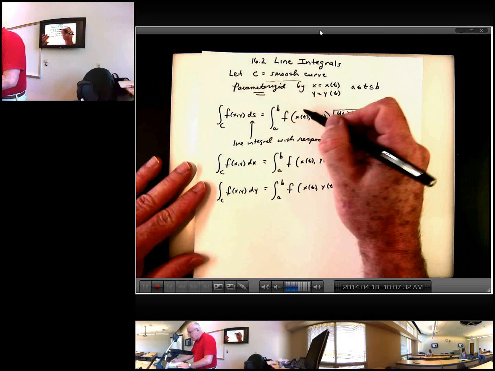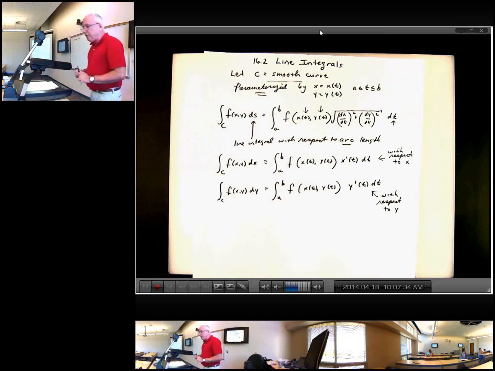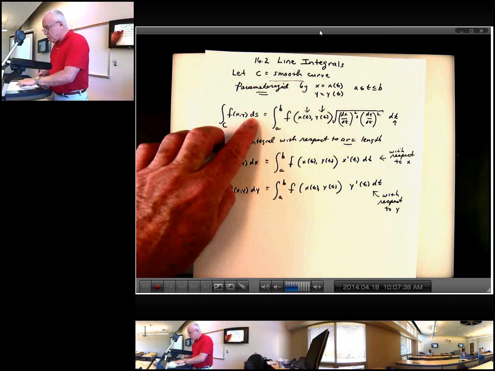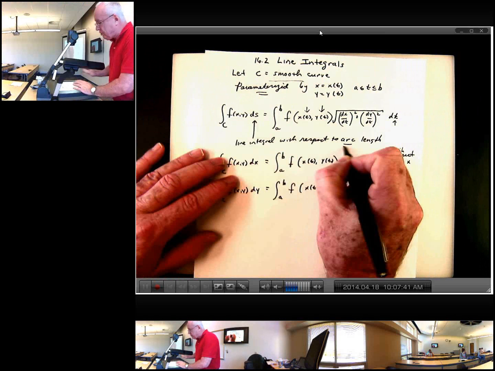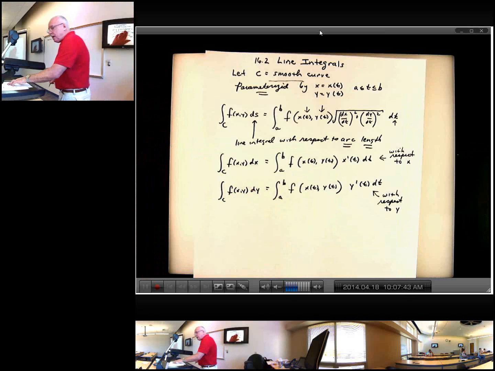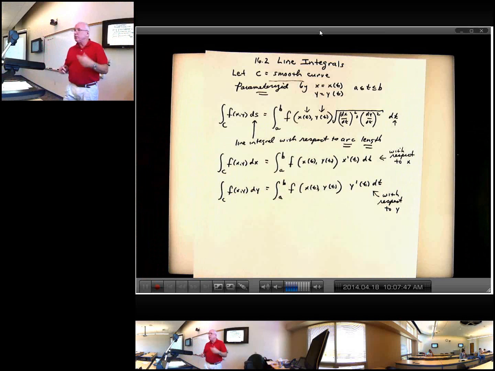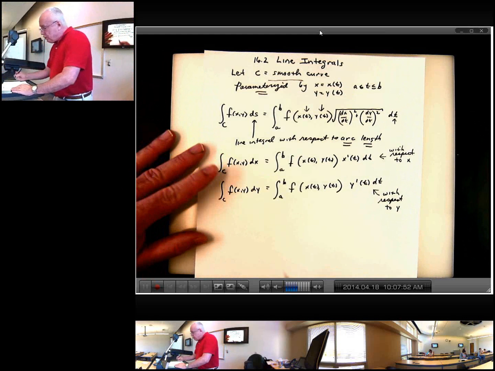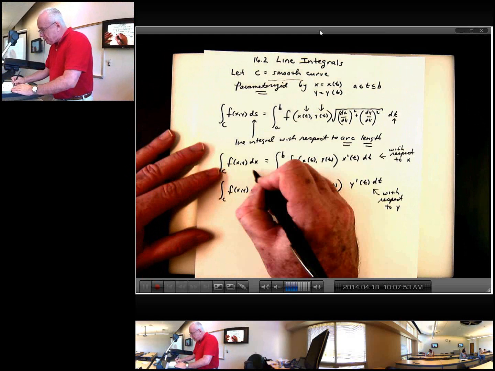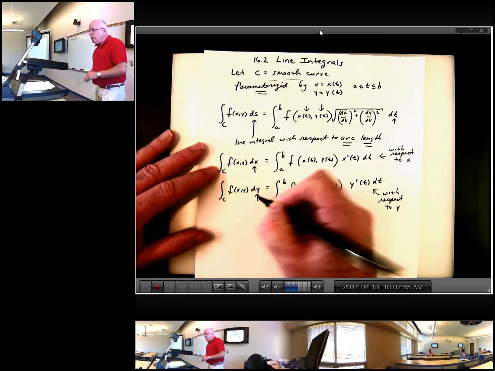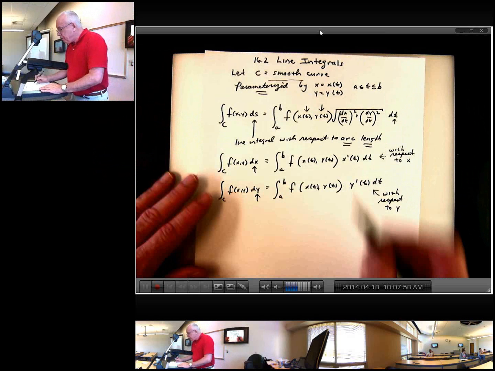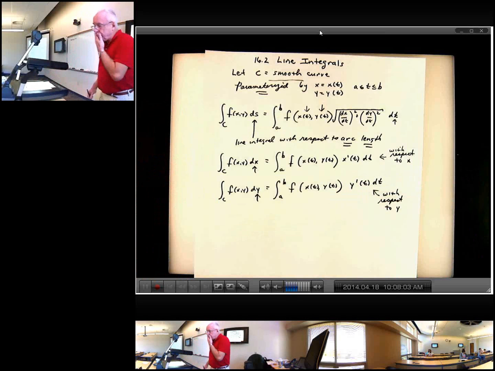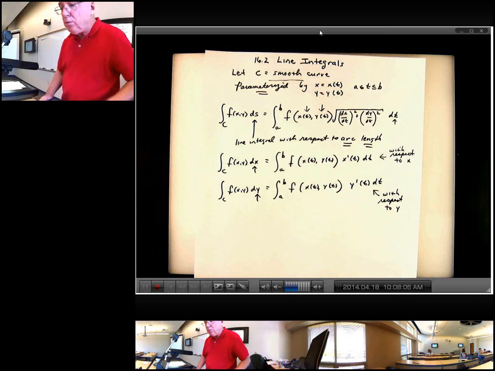We plug our parameterization into our function, and if we are integrating ds with respect to arc length, we multiply by the square root of (dx/dt) squared plus (dy/dt) squared. If we are taking the integral with respect to either dx or dy, we only multiply by the derivative of x or the derivative of y. So it's a shorter formula. And we went through a few examples of this last time.